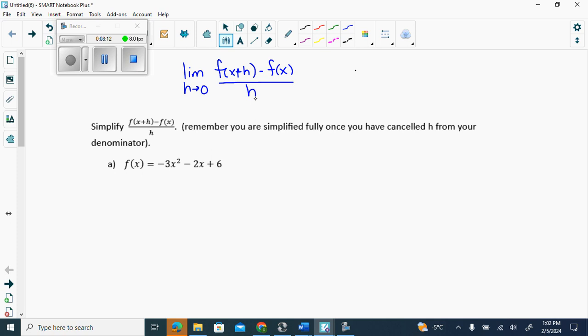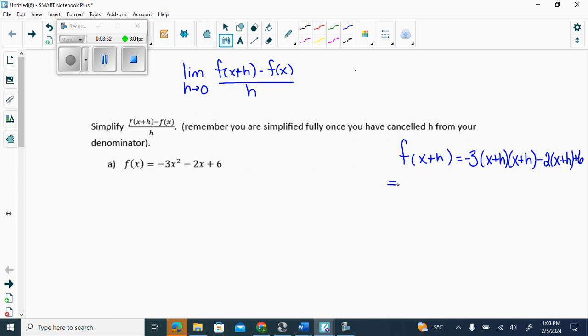So let's look at the first one. So I did f of x plus h off to the side. And I'm going to get negative 3 times x plus h squared. So I'm just going to rewrite, twice, minus 2 times x plus h, plus 6. Why I wrote it so squishy, I don't know.